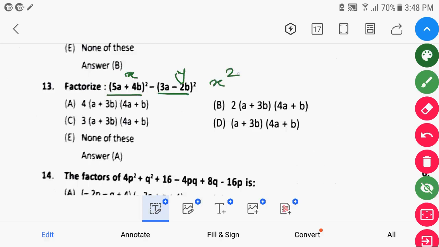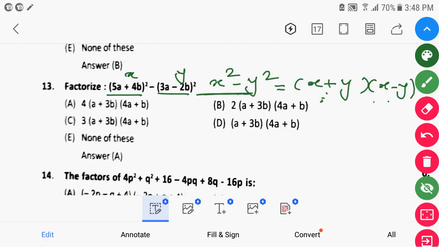Now see, this looks like x square minus y square, and it is the simplest form of x plus y and x minus y. Means if we add and subtract the same variable and we find the product of them, we get the answer as x square minus y square.